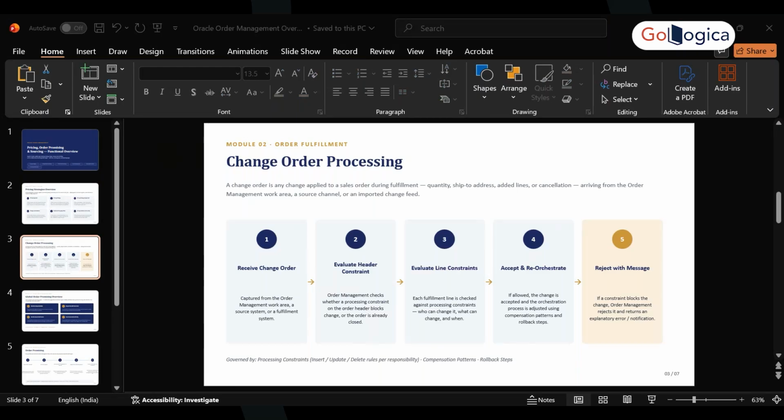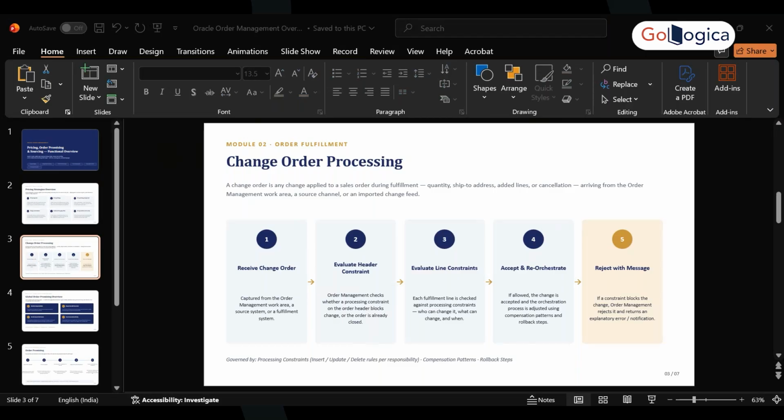For example, if the order has already been completed, invoiced, or closed, Oracle may completely block further updates. Similarly, the organization can configure rules specifying which users or roles are allowed to modify the order headers, and if a violation is found, Oracle immediately stops further processing, and if no restrictions exist, the process moves to the next step.